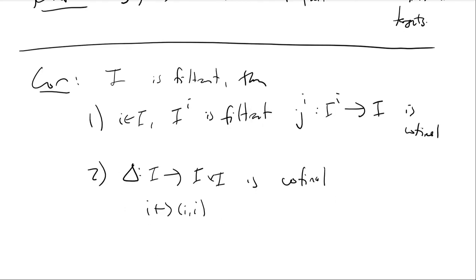And it sends morphisms, what should I call this morphism? I don't know, f, i to j, and sends this to (f, f), like so. Okay, this is not particularly difficult to prove, so we'll prove it.